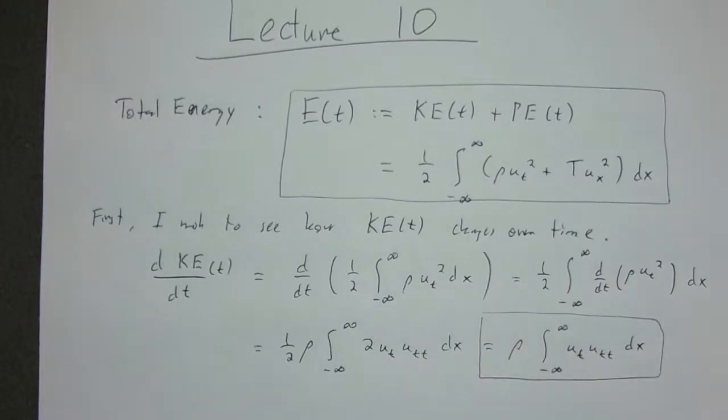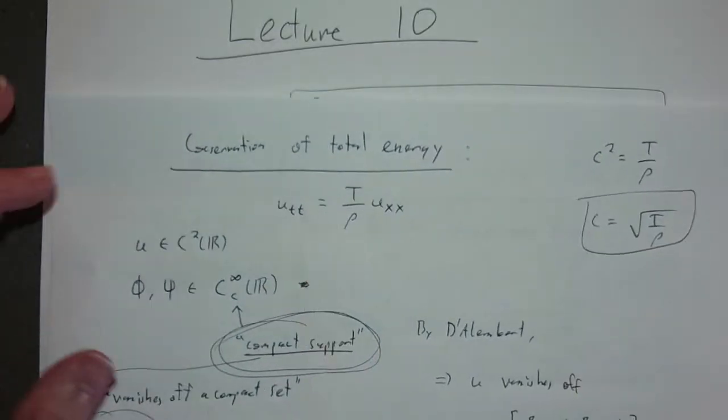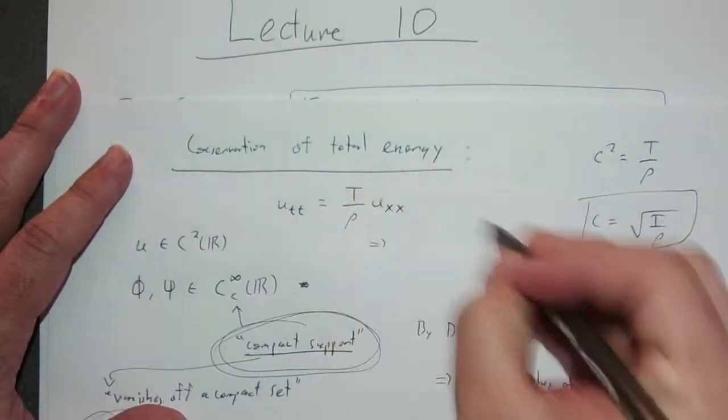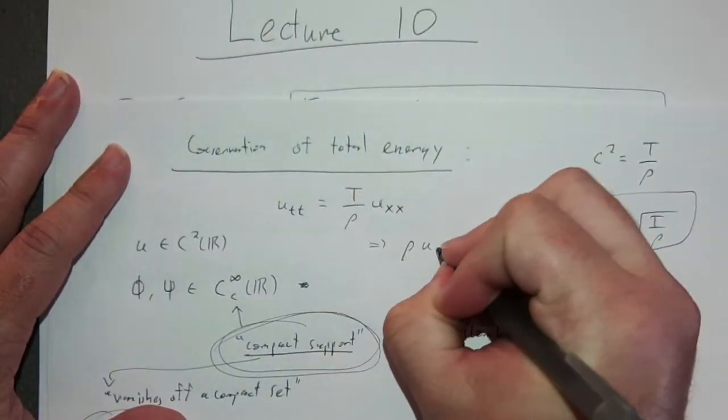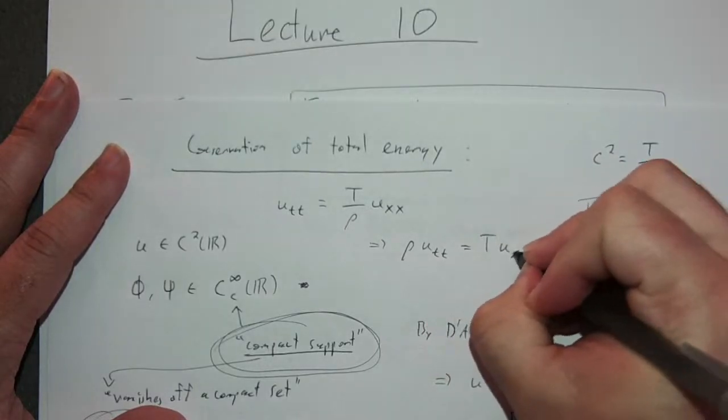So that's what I have, right? Okay. Now, there's something a little different here. Of course, you notice this u sub tt term. The u in question is not just some random u. It satisfies the wave equation, right? Let's multiply both sides by rho. And what this tells me is that rho times u sub tt is equal to t times u sub xx.